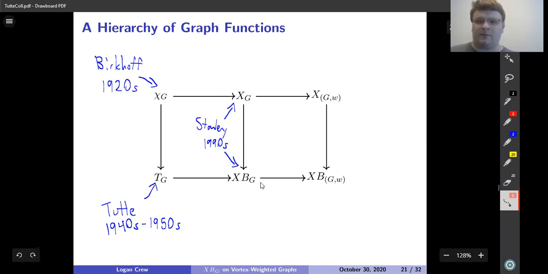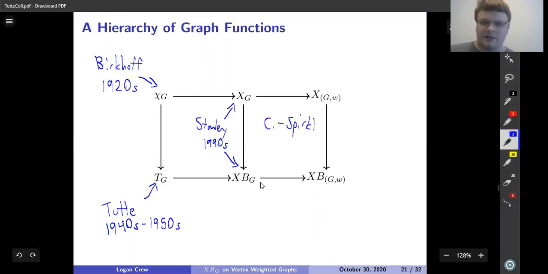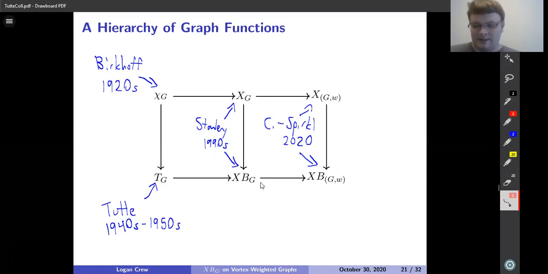I'll mention a bit more about that in a second. And over here on the right, now we've given these functions weights to incorporate back the deletion-contraction relations that we got from these that were lost in these. So just a brief summary of where we're at.